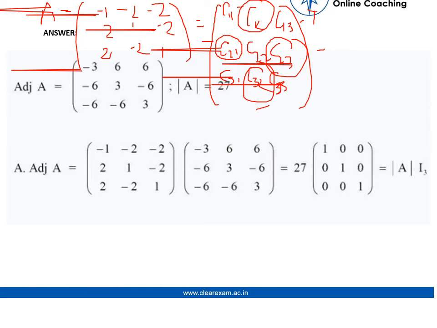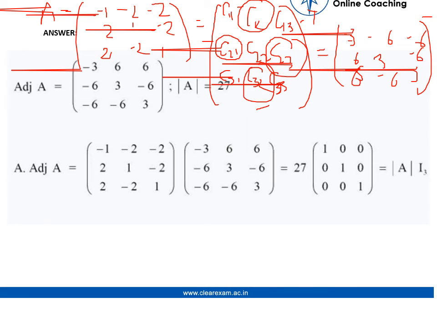So finally, the adjoint of matrix A is given as -3, -6, -6, 6, 3, sorry, 6, 6, 3, -6, -6, 3, followed by its transpose.